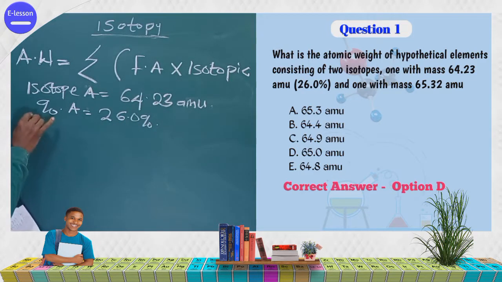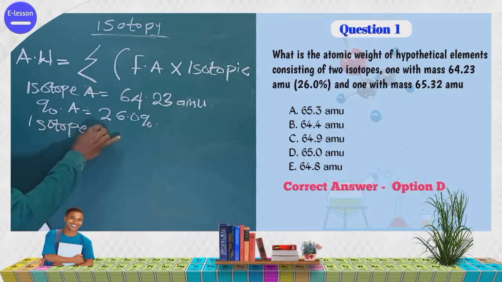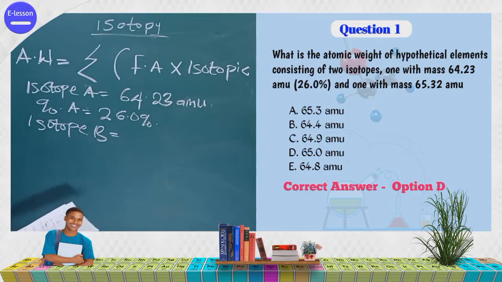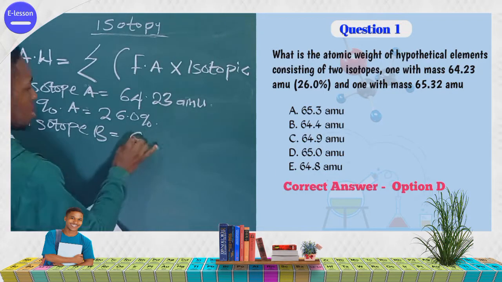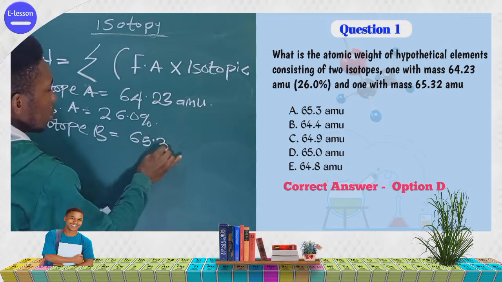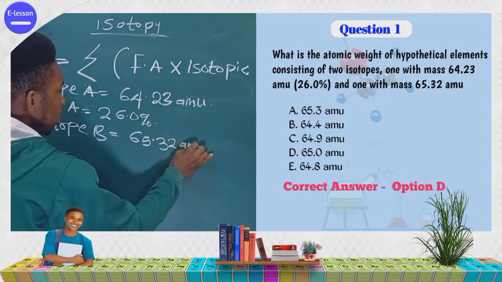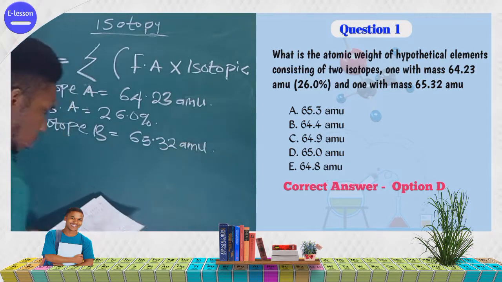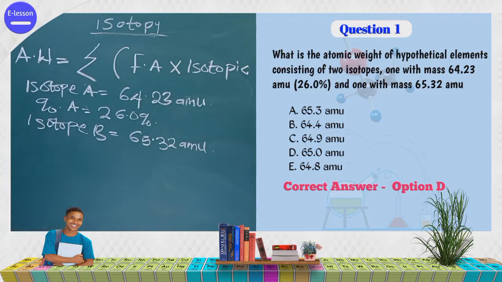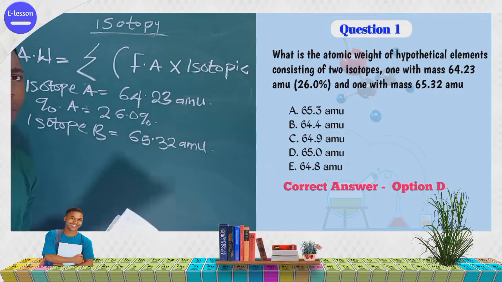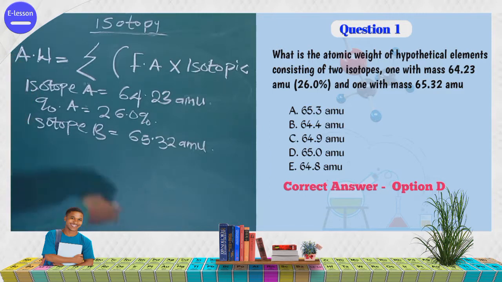For isotope B, it has atomic mass of 65.32 AMU. You are not given the percentage abundance, but you know something very important: the sum of all percentage abundances is equal to 100.